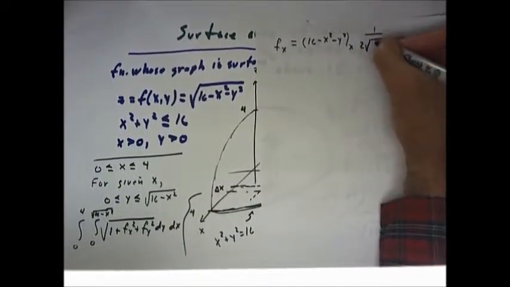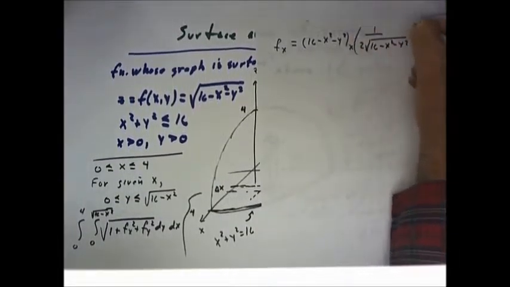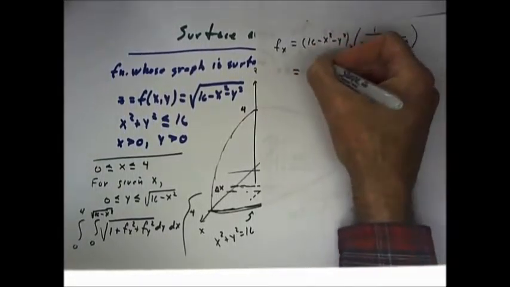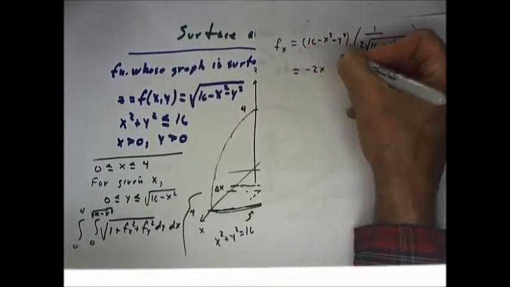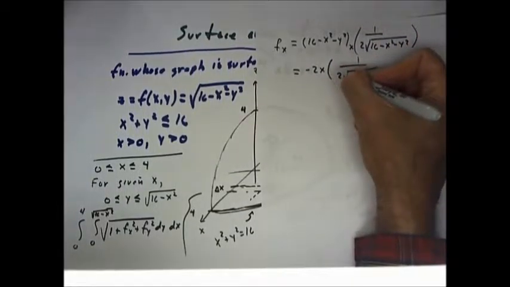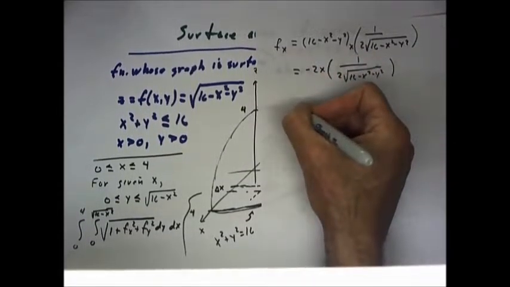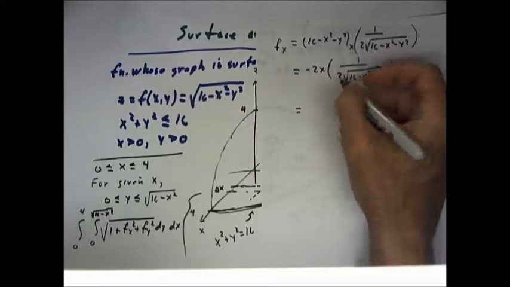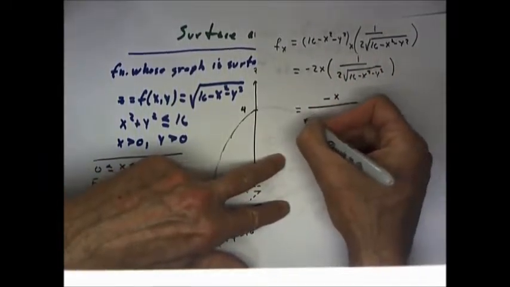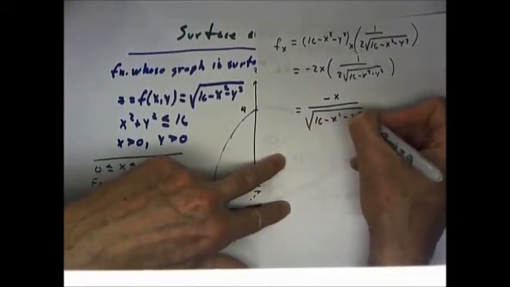So that'll be 1 over 2 times the square root of 16 minus x squared minus y squared. The x derivative of this expression is just negative 2x, and that'll be times 1 over 2 times the square root of 16 minus x squared minus y squared. And our final expression for fx is then just negative x over square root of 16 minus x squared minus y squared.